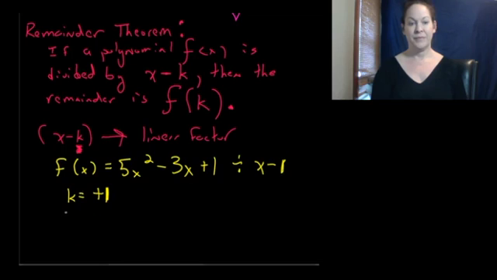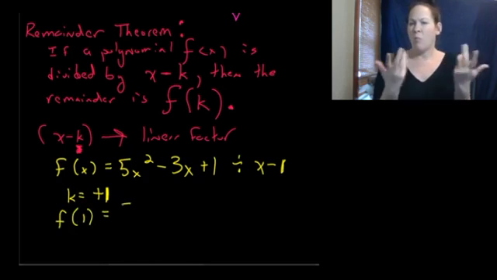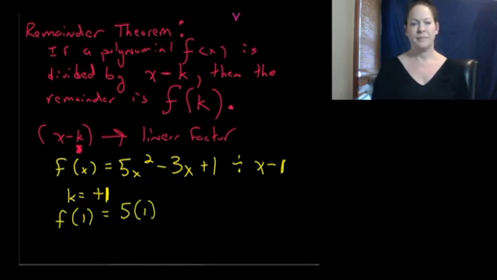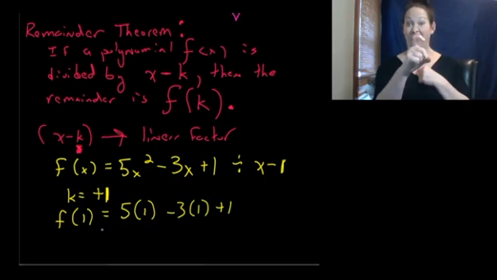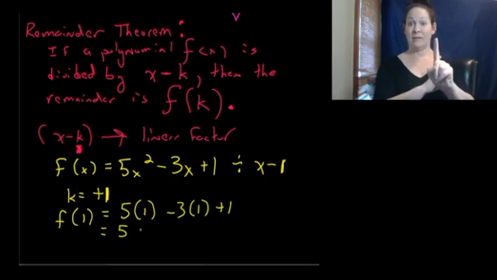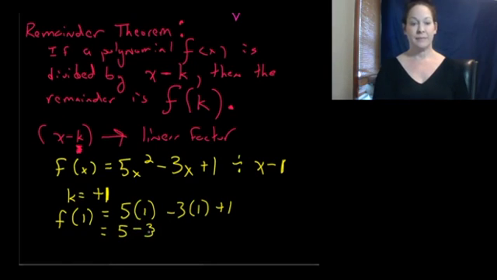So I want to find out what f of 1 is. I'll put 1 in for wherever I see x. And so 5 minus 3 plus 1, or 3.